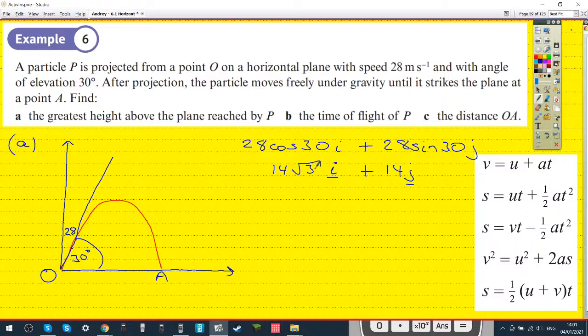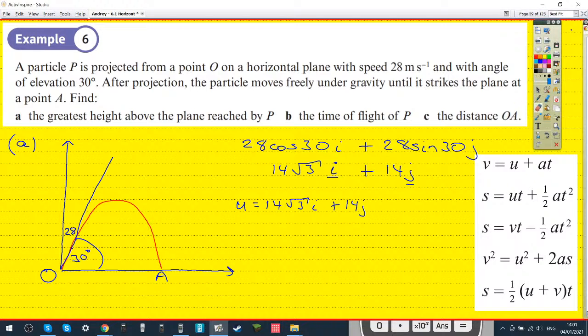Let me try something. Let's do it all in one go. So let's just say U is this 14 root 3 I plus 14J. Oh, that might be more difficult. Okay, we'll do them separately.